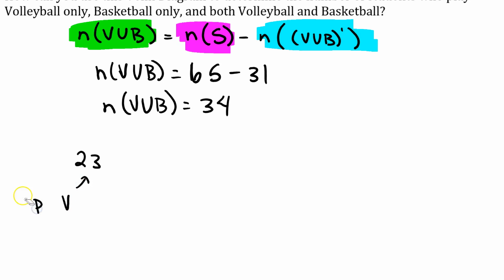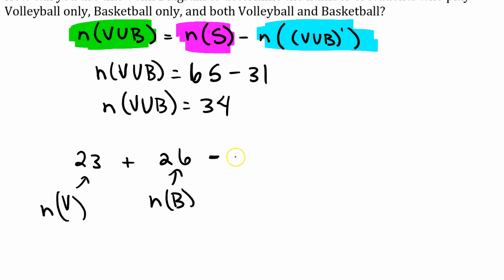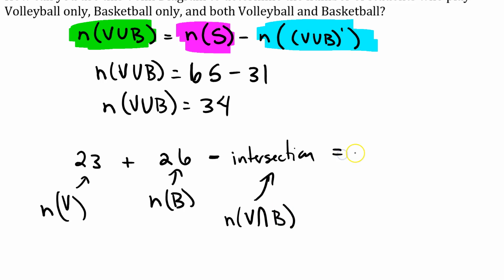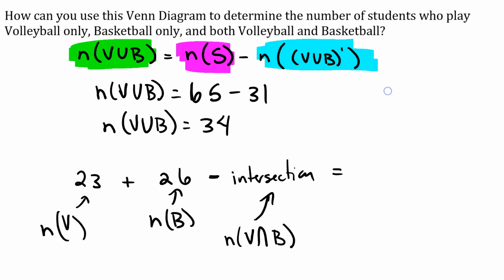So the number of elements in V plus the number of elements in basketball players, which is 26, minus the intersection. So that is the number of volleyball intersect basketball equals the number of students who play either volleyball or basketball.